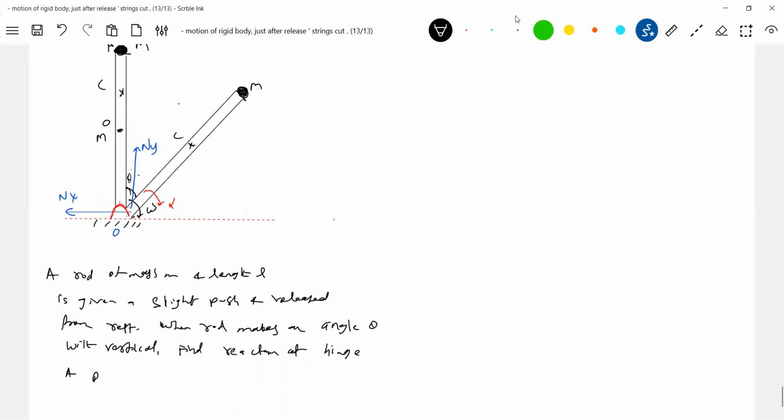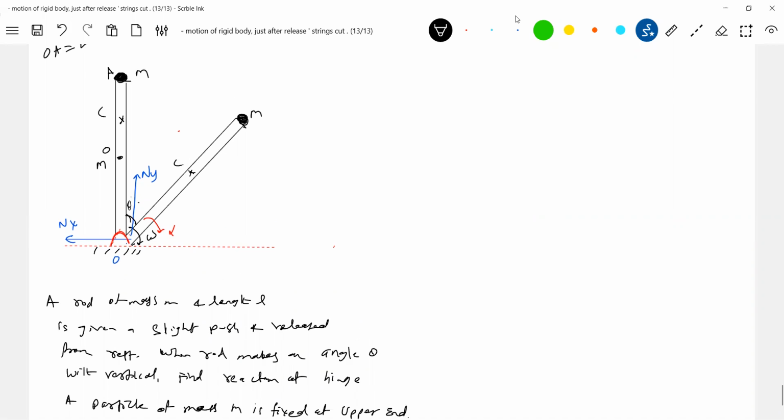A particle of mass m is fixed at the upper end. Let me add that one. So where will the center of mass of the system be? Somewhere here.